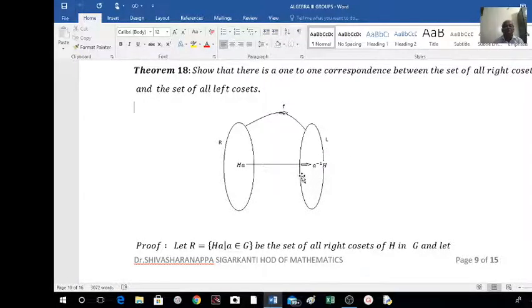We define a function f from R to L such that the element HA is mapped onto A inverse H. Then HB is mapped onto B inverse H, and HC is mapped onto C inverse H. Like this we define the function.